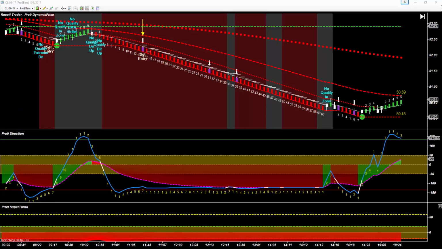For example, if you're in a long trade and you try to put a stop limit order below the market, it will be rejected since that is not in a range that the order will be accepted by the broker. These are some specific market conditions that will prevent Recoil from entering the order, but it will attempt to put one in at the next closest price for a stop.